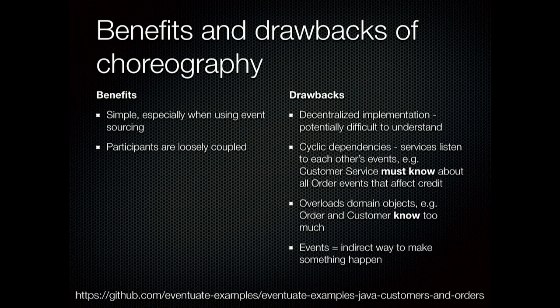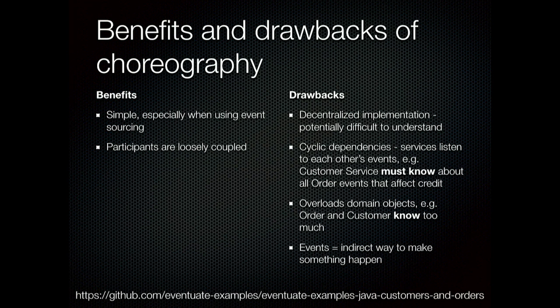There's also cyclic dependencies. These services are listening to each other's events, which seems a bit of a design smell. And not only that, the customer service has to know about all of the order events that could possibly impact the available credit, which means that it's having to know a little bit too much about the order service, which doesn't seem quite right.